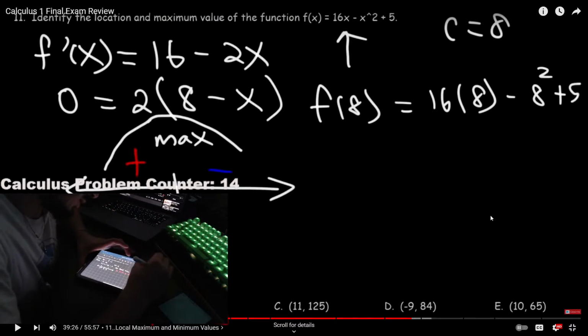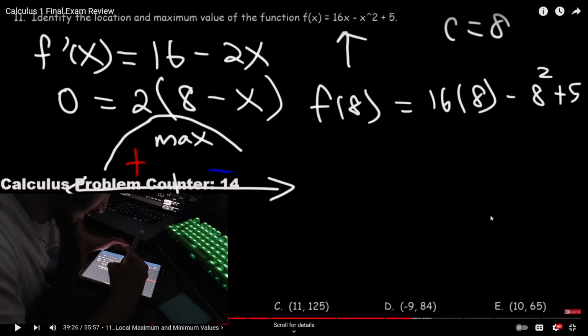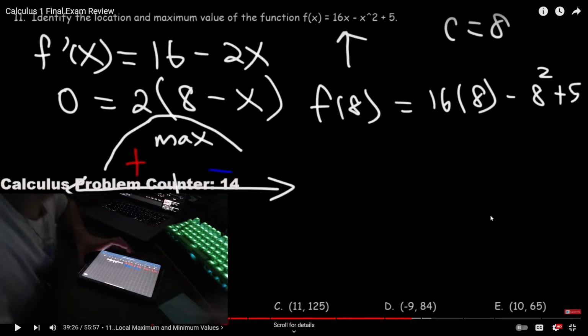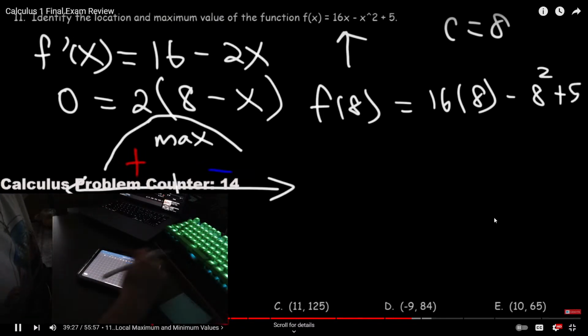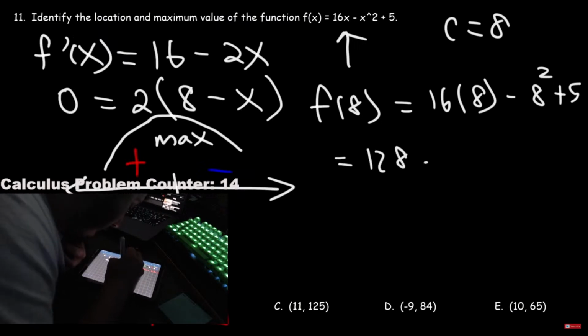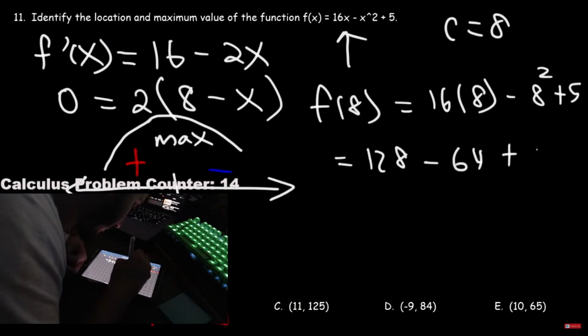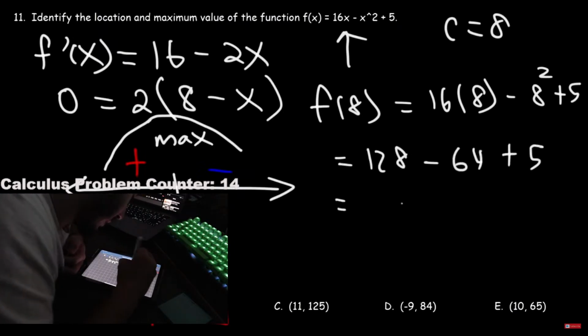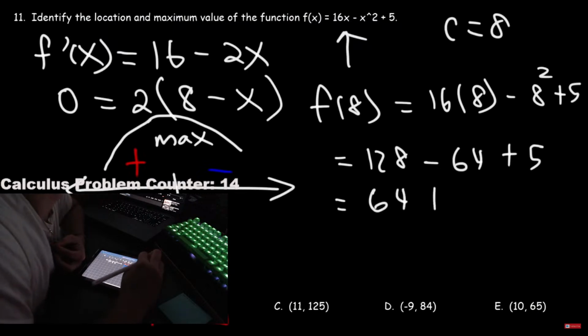So that'll be 16 times 8 minus 8 squared plus 5. Now 16 times 8: 10 times 8 is 80, 6 times 8 is 48, so 80 plus 48 is 128. 8 squared is 64. 128 minus 64 is 64. And 64 plus 5 is 69.